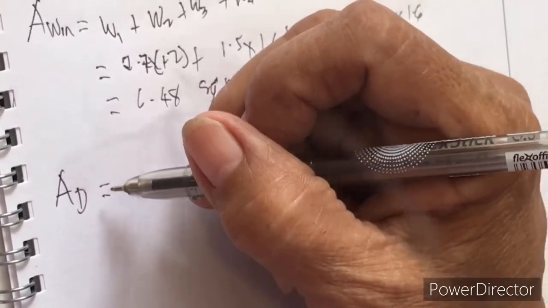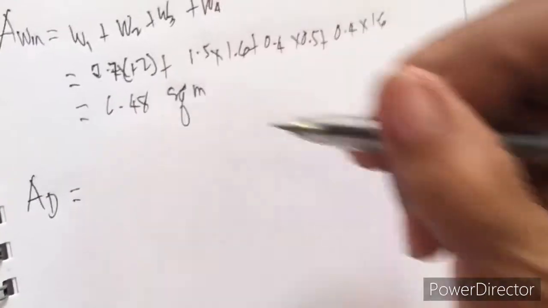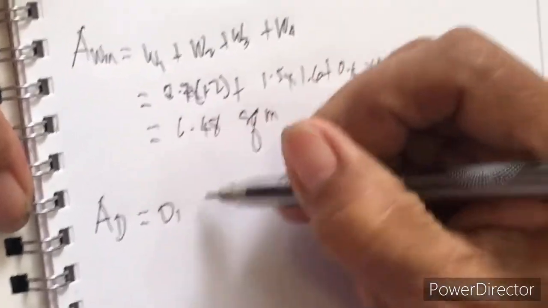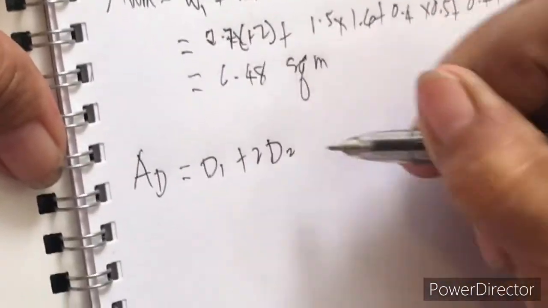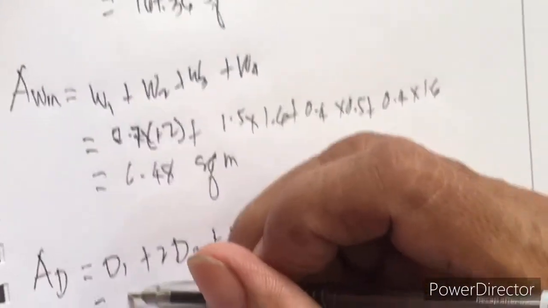Now we're going to solve the area of the doors, where the doors are door 1 plus door 2, then plus door 3. Substitute. Please refer to the drawing.